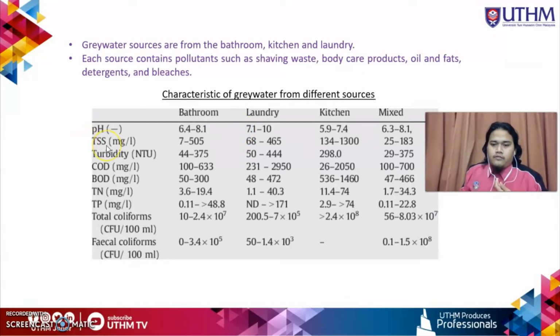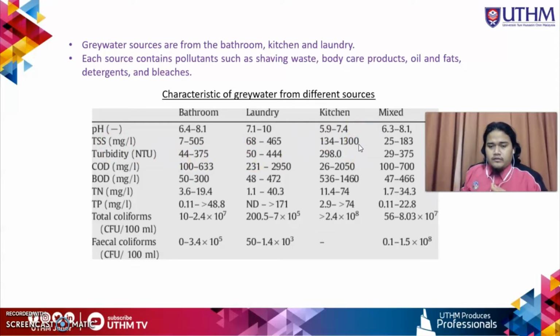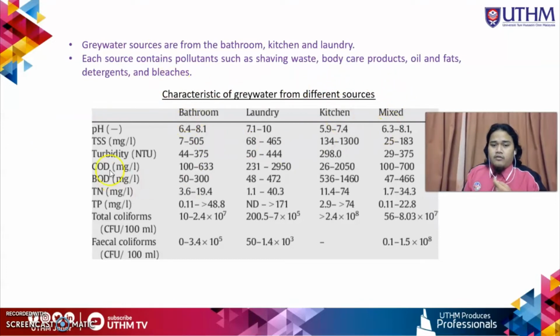And then for TSS, total suspended solids, kitchen wastewater has the highest amount of total suspended solids. This is because kitchen waste consists of oil, grease, fats, vegetables, foods, waste, and so much more. All the greywater types have their own characteristics which can be high or low.